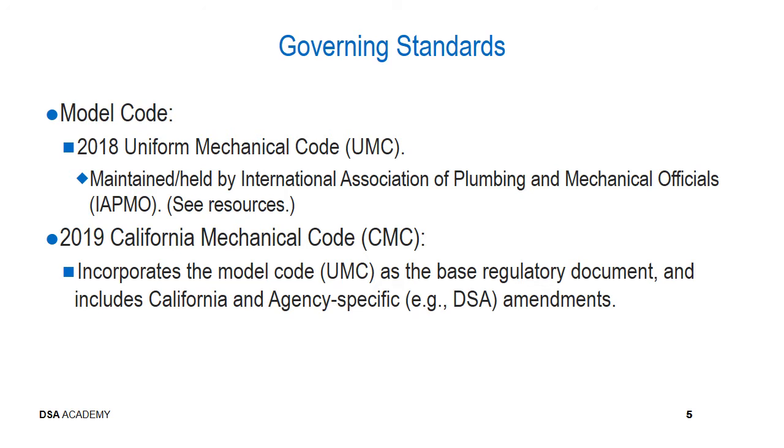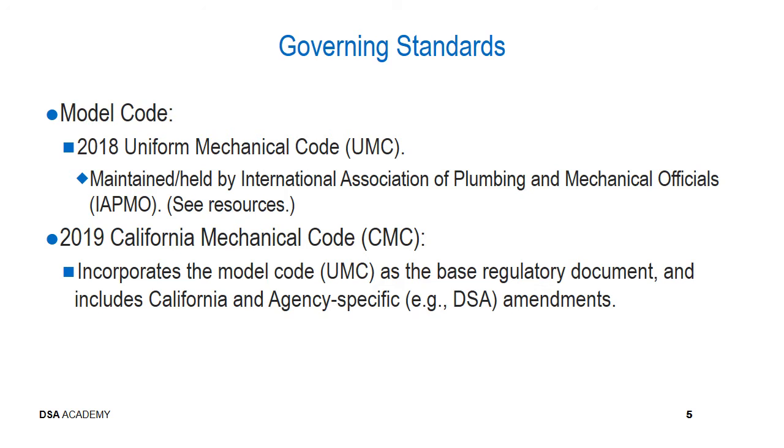It's also abbreviated UMC. This particular version of this code is maintained and held by the International Association of Plumbing and Mechanical Officials, and is also identified in the resources section.